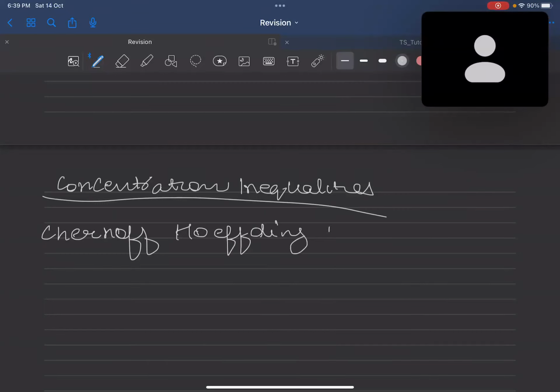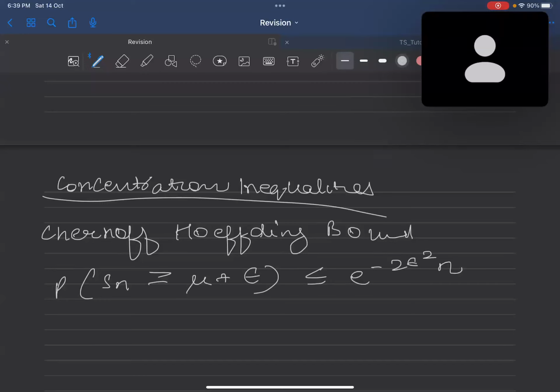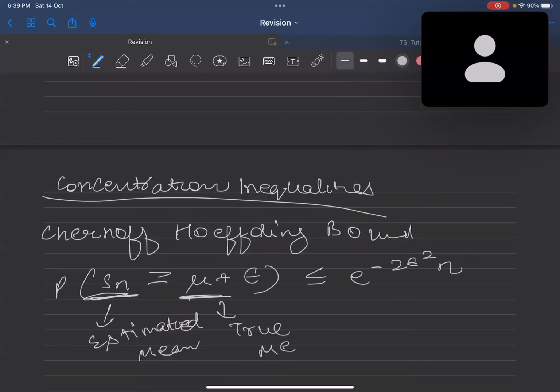Chernoff-Hoeffding bound we have done. Basically, how far is my estimated mean from the true mean? This is what my concentration inequality or Chernoff bound is giving me. How much is it far? That is basically what it is giving me. This is basically used in the UCB theorem proof, which I'm not going to do. I was just revising this formula only.